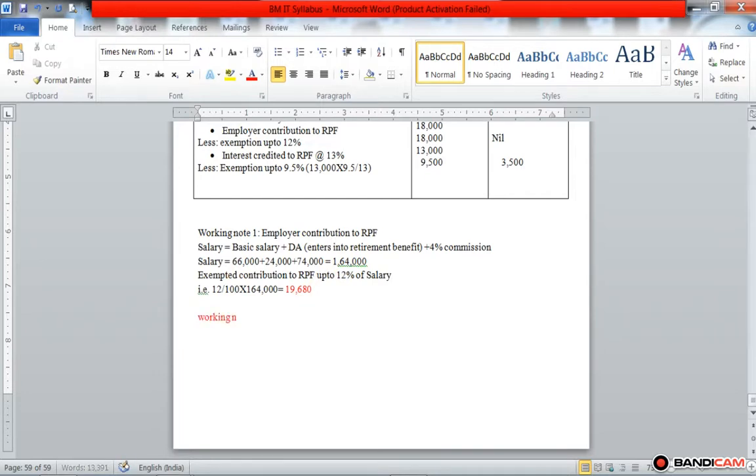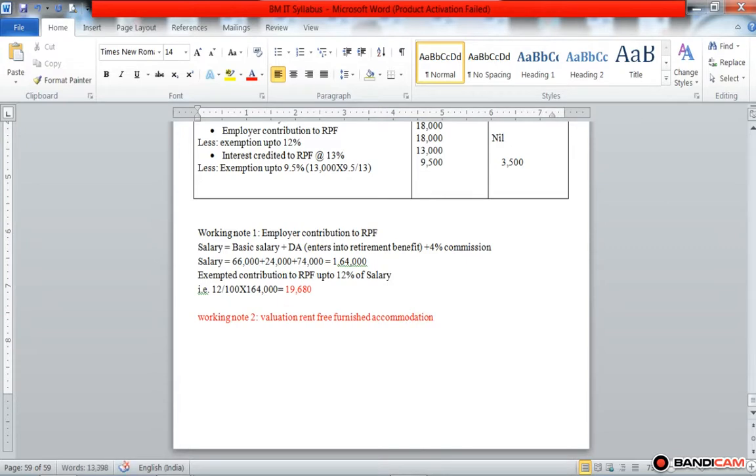Working note second: valuation of rent-free furnished accommodation.